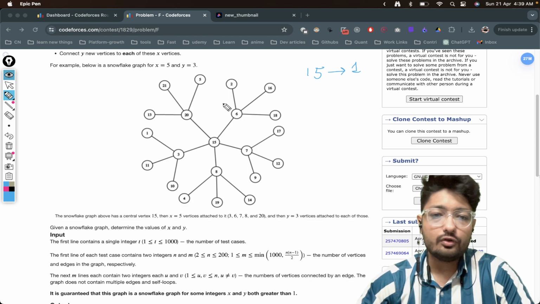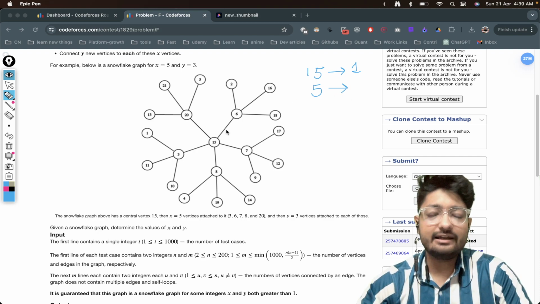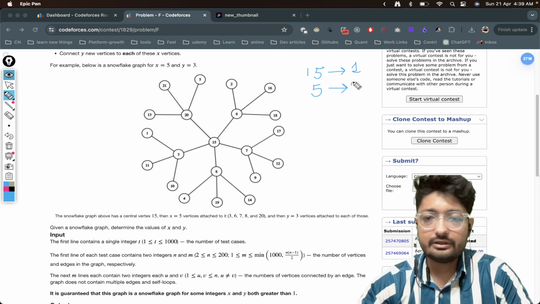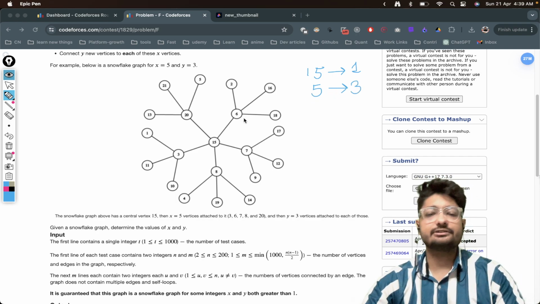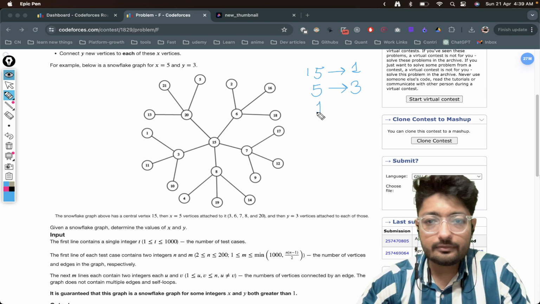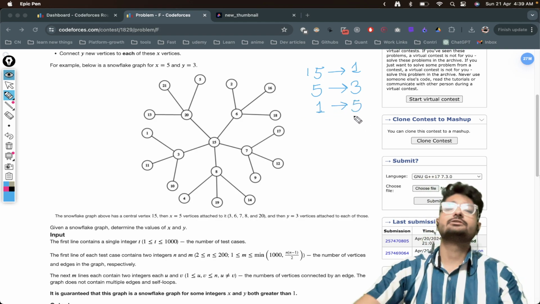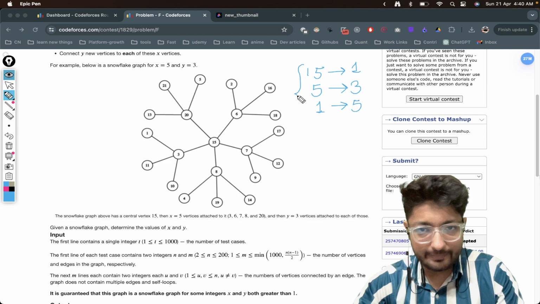We have one, two, three, four, five: five vertices that have three edges, and we have one vertex that has five edges. So you will get this map as an output.